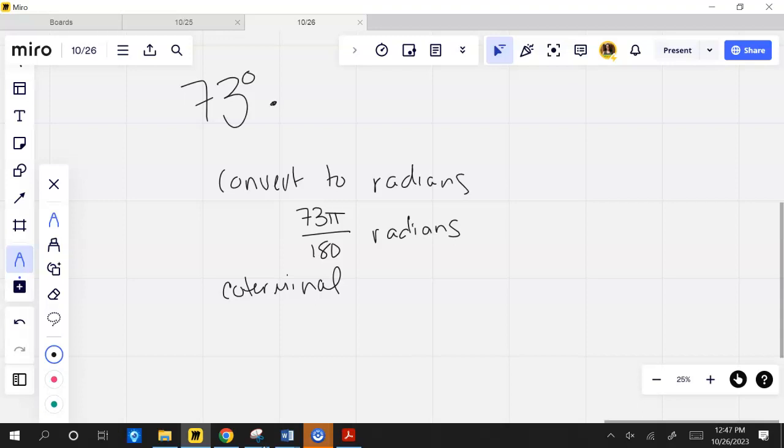Loop around the circle. Add 2 pi. If it's in radians, coterminal means add 2 pi or subtract 2 pi. If it's in degrees, add or subtract 360. It just means that if you loop all the way around, you'll end back up in the same spot.